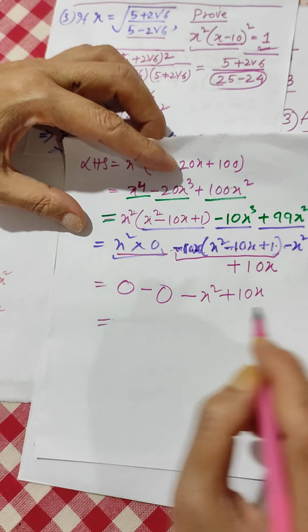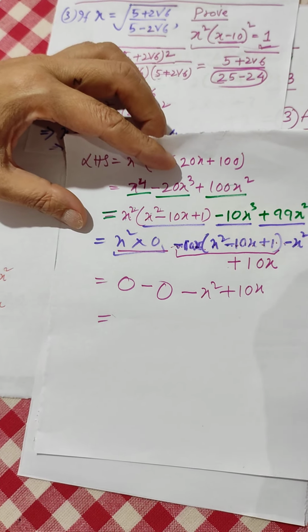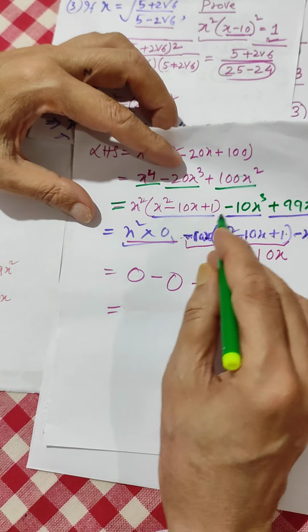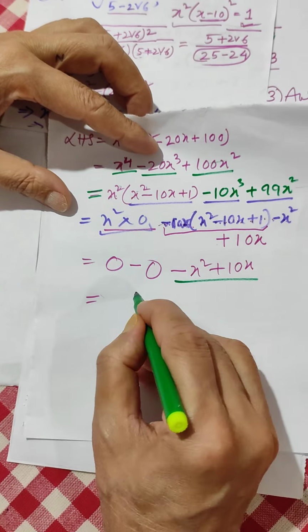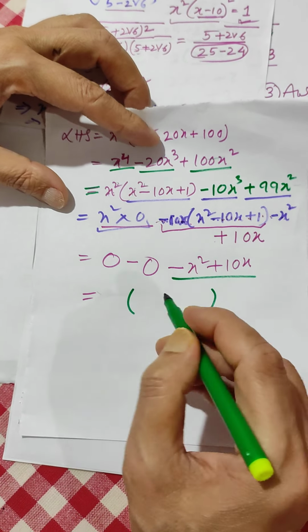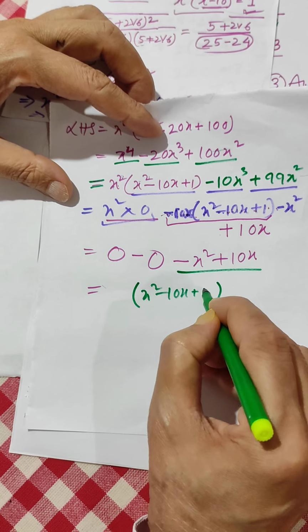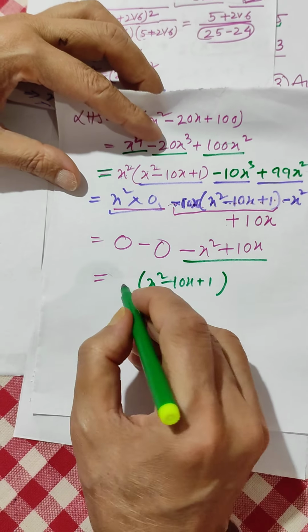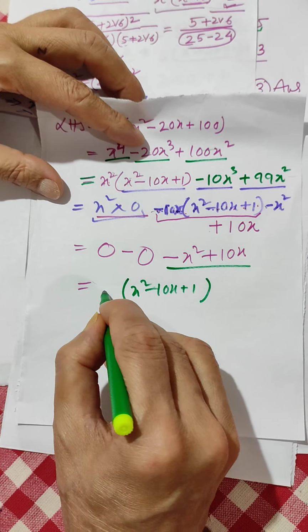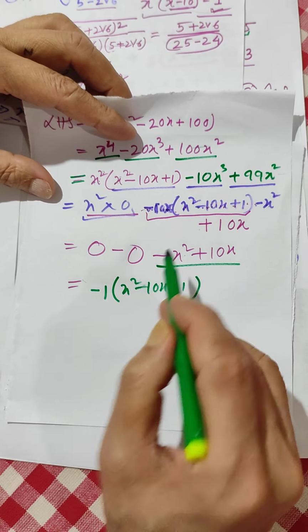Okay. Now again, let us express what we got in terms of the expression x square minus 10x plus 1. Now again, what must you write here? Minus 1, to get minus x square.